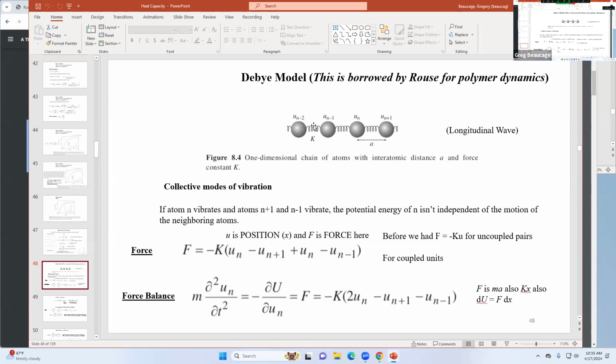And if you pull the N minus one, it's going to pull it the other way. Then you have the spring constant, and you can calculate what the force is on that. And this is the same equation as for the dumbbell, but you have the velocity, the derivative, the force is the derivative of energy to that mass, except he's using mass times acceleration instead of friction factor times.